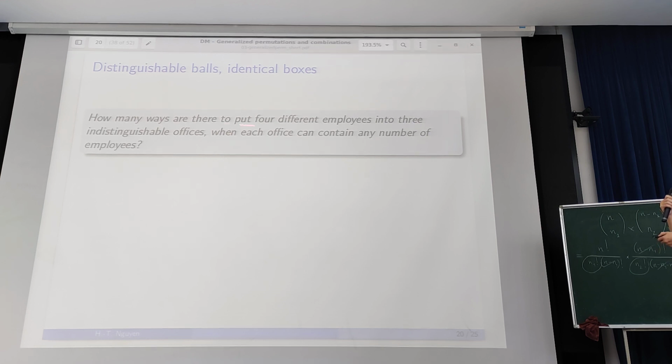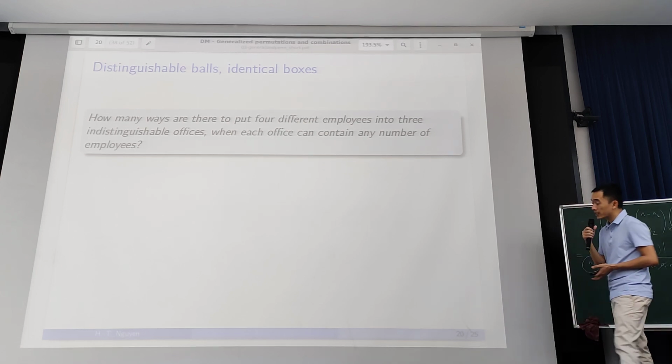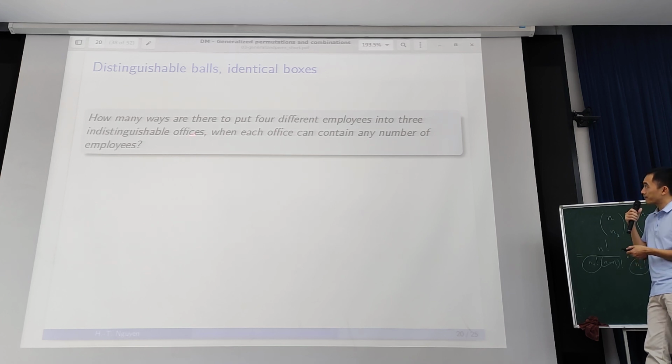Now you want to organize your office. You have 4 different employees, and you have three offices which are the same.